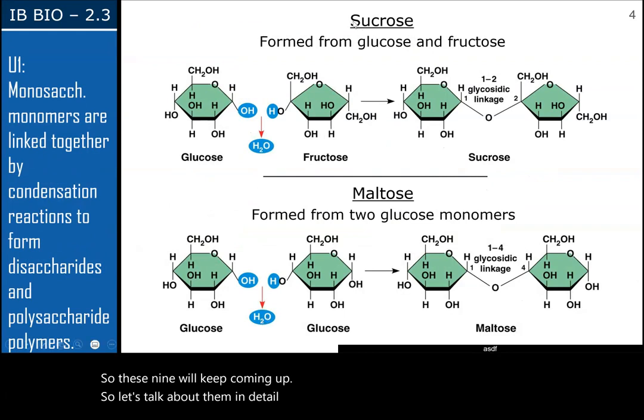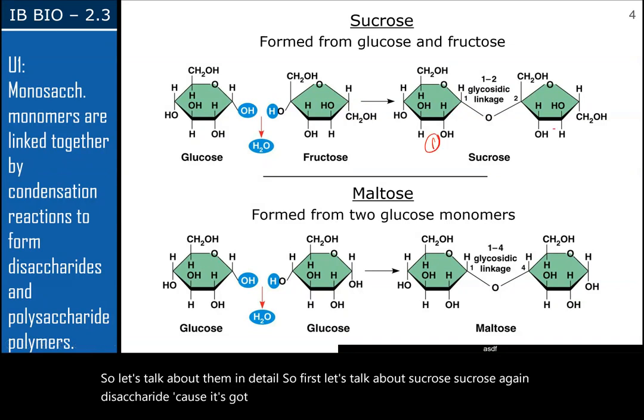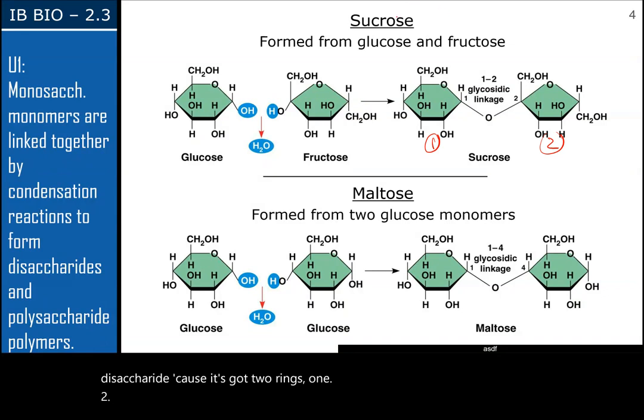So first, let's talk about sucrose. Sucrose, again, is a disaccharide, because it's got 2 rings. 1, 2. We form sucrose by putting together one glucose molecule and one fructose molecule.